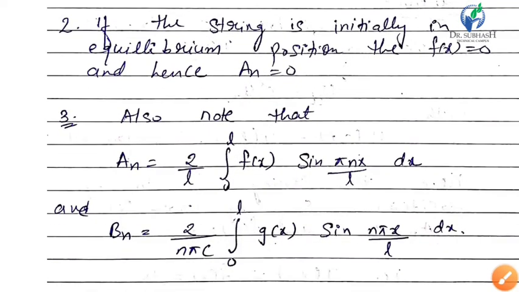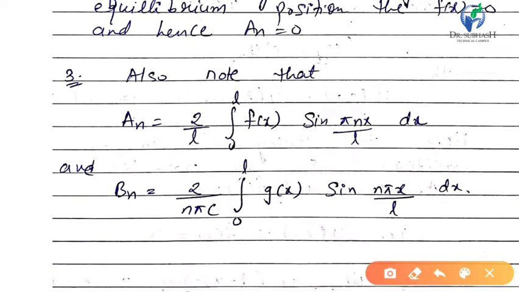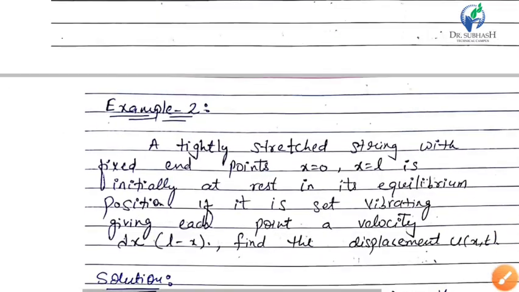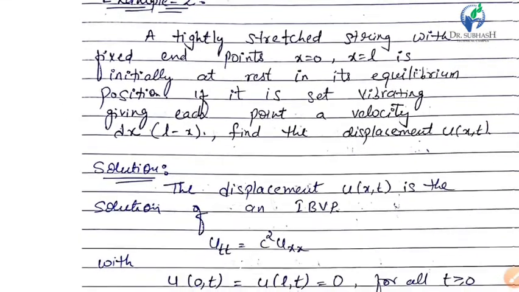Now let us see what a_n and b_n are. a_n is 2 by L integration 0 to L f(x) sin pi nx upon L dx, and b_n will be equal to 2 upon n pi c integration 0 to L g(x) sin pi nx upon L dx. So these are the 3 points which we will remember to solve the examples easily. Okay, now let us move on to one more example.